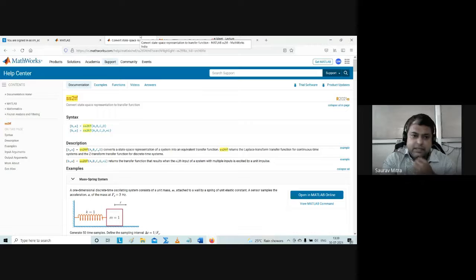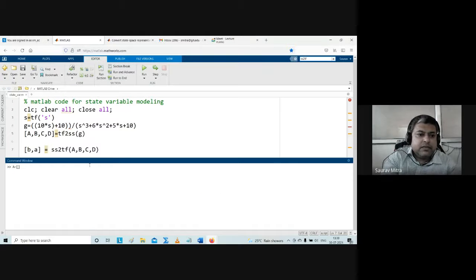I have copied this command, and now I will define the ABCD matrix. A matrix I will define as, suppose, 1, 0 and minus 2, minus 3. Then define the B matrix, and everything should be capital. B matrix should be in column form, so B matrix is 0, comma 1.